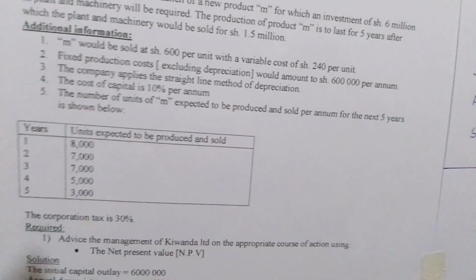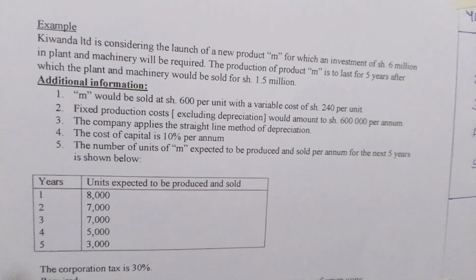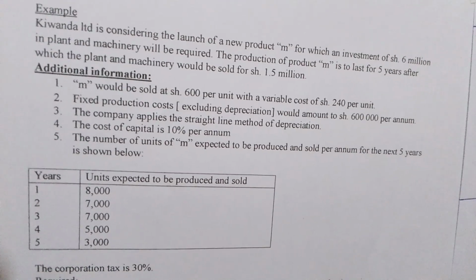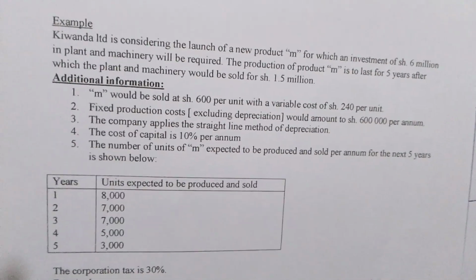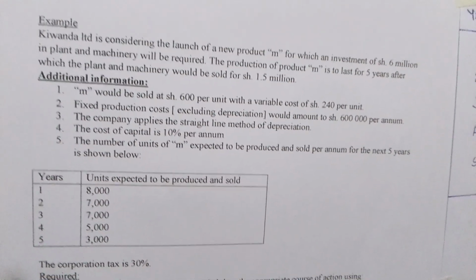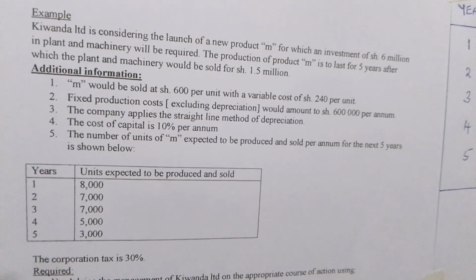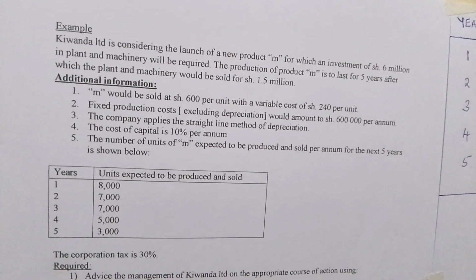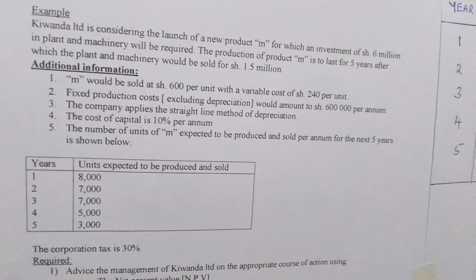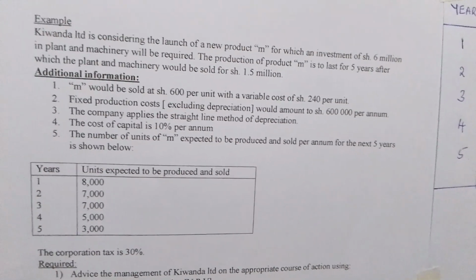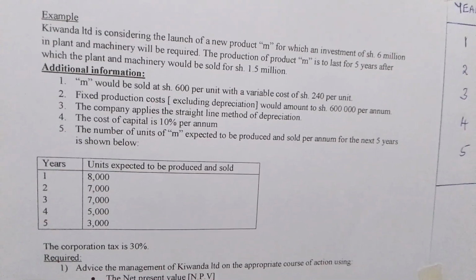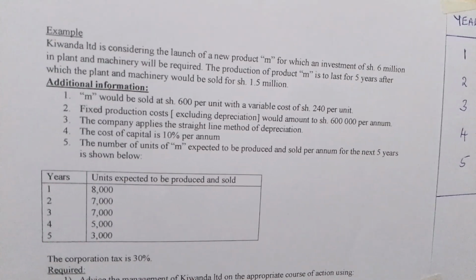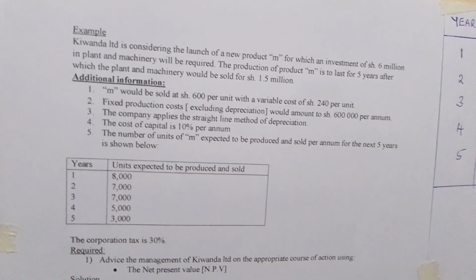Whenever we are advising an investor, or making investment decisions based on net present value, the important thing to note is that whenever the net present value is positive, that investment or decision should be accepted, implying that the value of the firm will increase.